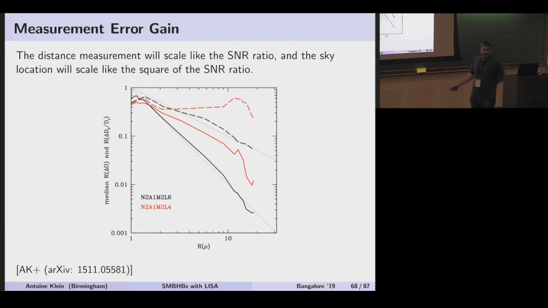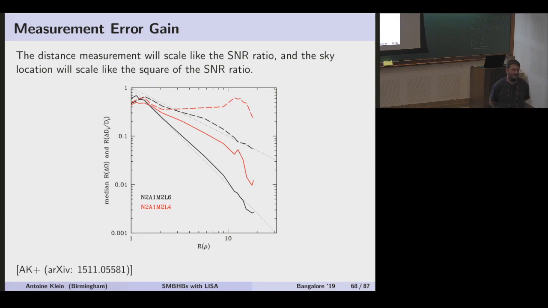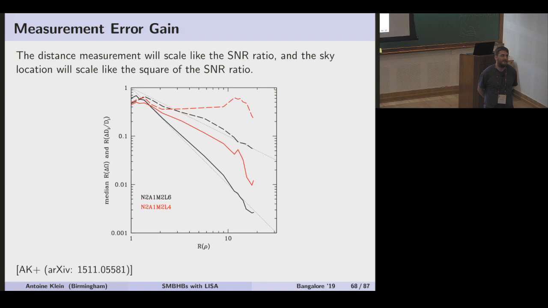If I know the parameters of the component bodies in the binary, what can be said about the remnant? Like, is there a conclusive statement about what the mass and the spin of the remnant are? Yes. You get this from numerical relativity simulations.